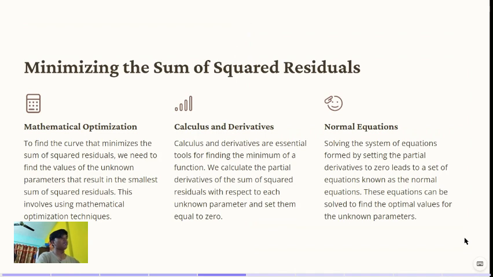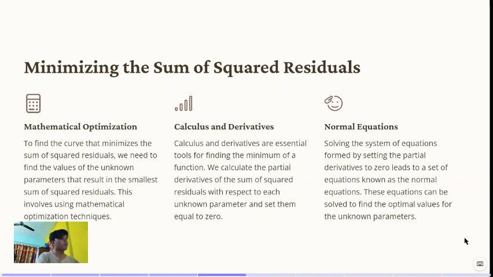Minimizing the sum of squared residuals. Mathematical optimization. To find the curve that minimizes the sum of squared residuals, we need to find the values of the unknown parameters that result in the smallest sum of squared residuals. This involves using mathematical optimization techniques. Calculus and derivatives. Calculus and derivatives are essential tools for finding the minimum of the function.